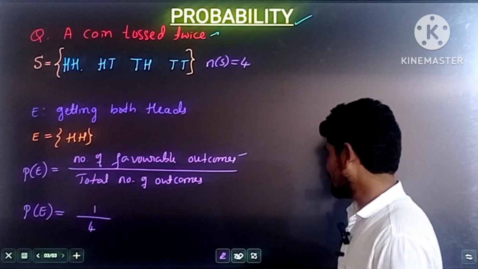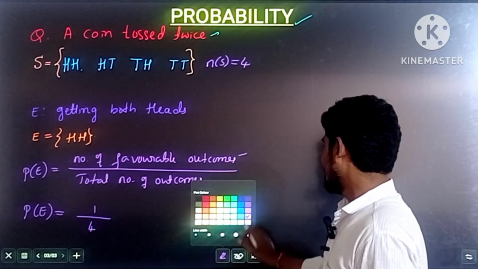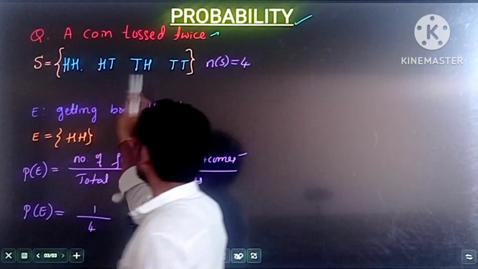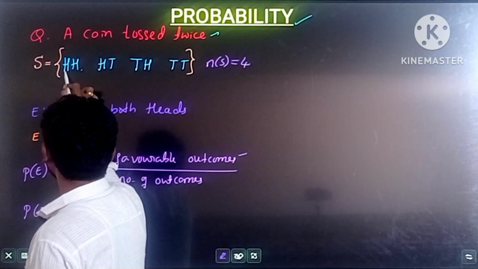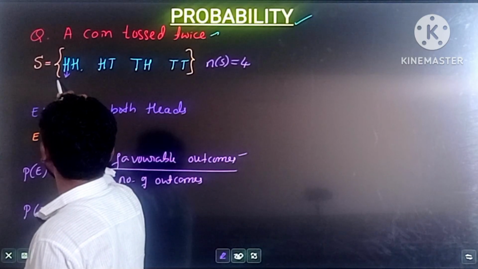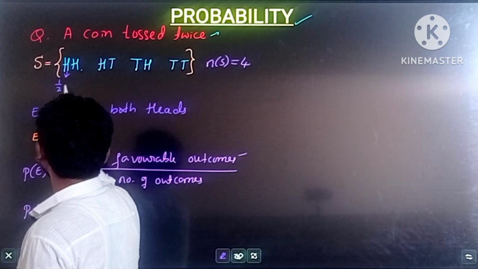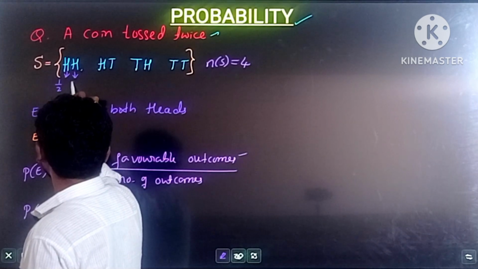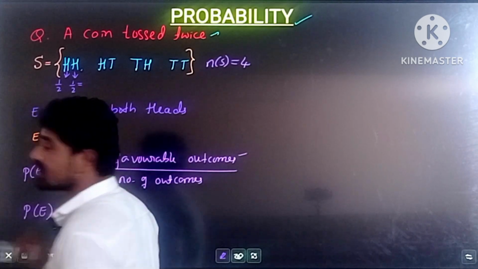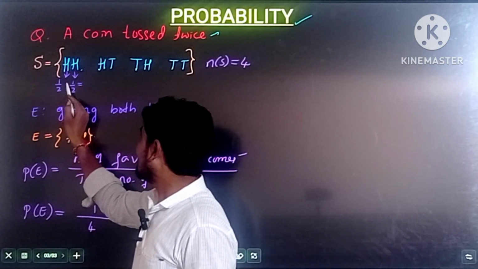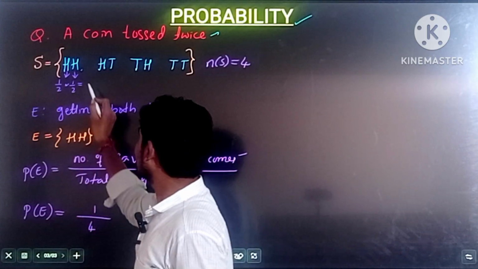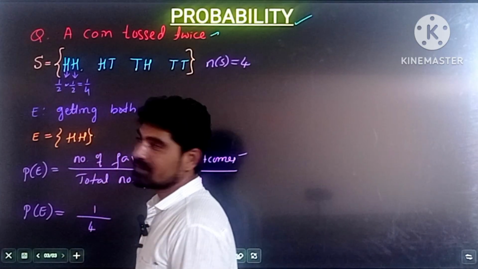I hope all of you understood. And one more thing, see here, the probability of each outcome in the sample space. As you know that when a coin is tossed once, probability of getting head is 1 by 2, and probability of getting second head is also 1 by 2. It means probability of getting head head when a coin is tossed twice is 1 by 4.